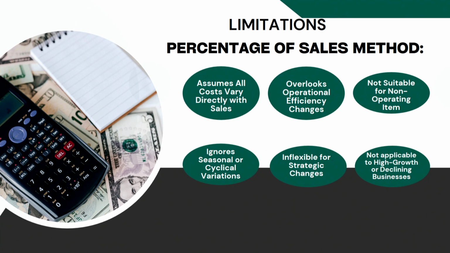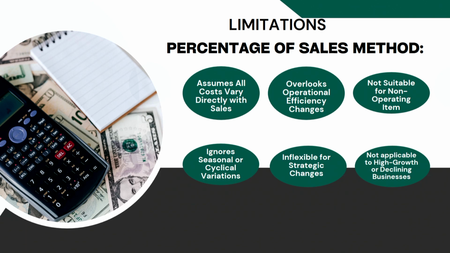Now the first one is it assumes all costs vary directly with sales. This is a very subjective and orthodox assumption owing to the simple fact that the costs are not always going to vary in direct proportion to that of the sales, which is one of the fundamental impediments to percentage of sales method.